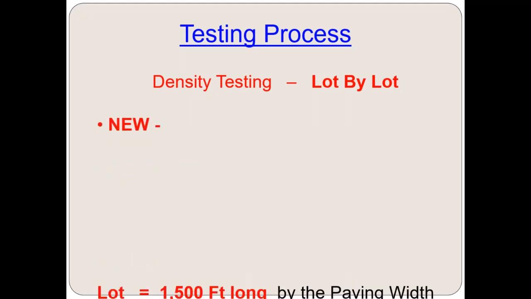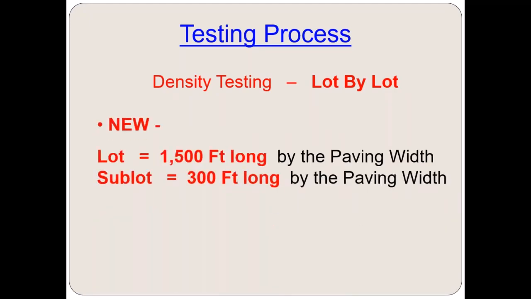Moving into the testing process, we'll look at the lot-by-lot testing. What's new for 2019 with this specification is that the lot is going to be 1,500 feet long instead of 1,000 feet long, which with 5 equal sublots will give us 300 foot long sublots.